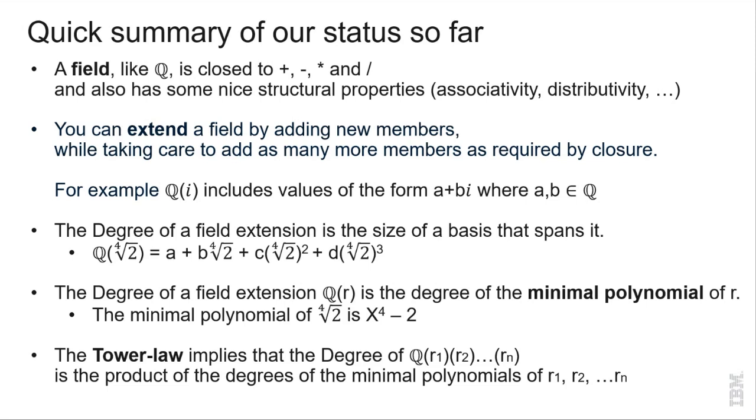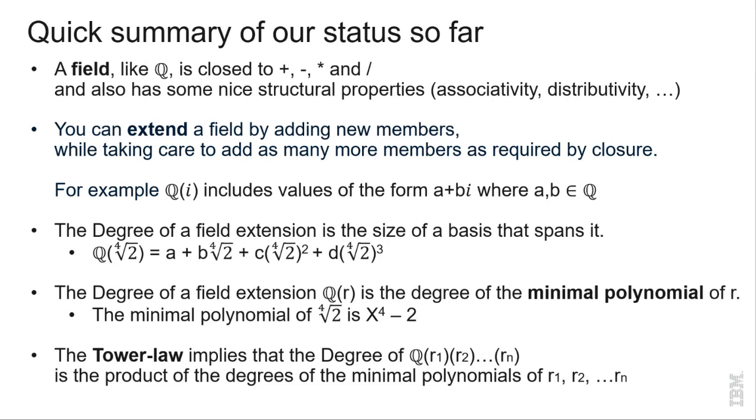And then we saw the Tower law, which basically talks about what happens if you have more than one root added to the field extension. So in this case, if we add n roots to the rational field Q, we can add them in any order we like. It doesn't matter. We get the same field extension. And the degree that you get, according to the Tower law, is the product of the degrees of the minimal polynomials for all these roots.